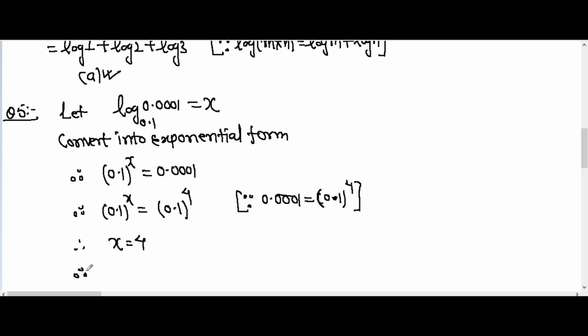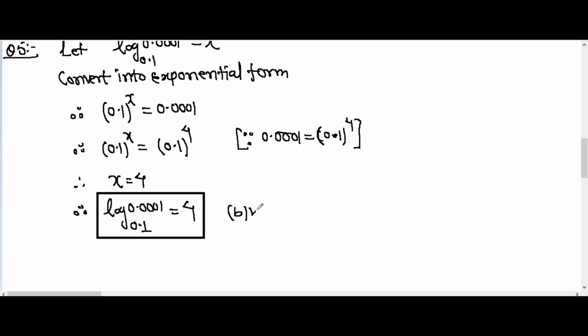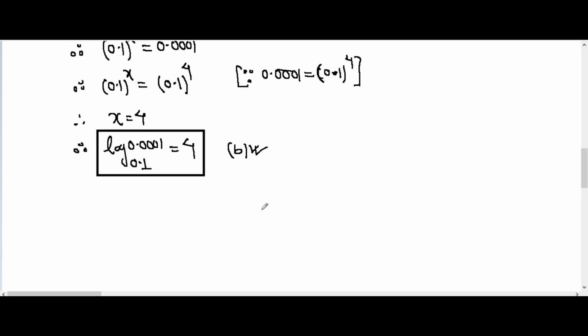Therefore log of 0.0001 at the base of 0.1 is equal to 4. Now if you look, B is the correct option. Again, B is the correct option.